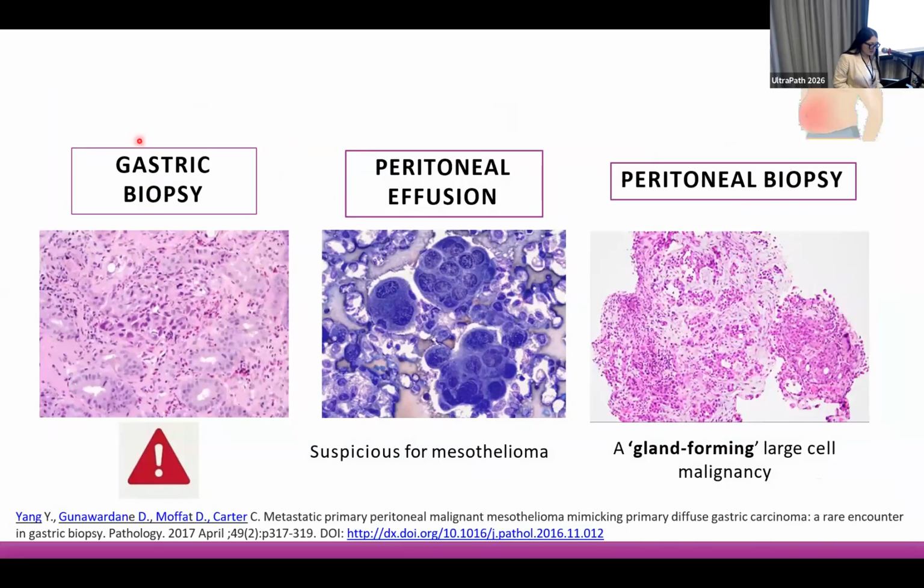Fortunately, the pathology department received these three specimens at the same time. In the gastric biopsy, we can observe a fully differentiated neoplasm with epithelial features between the normal glands, but in the peritoneal effusion, the findings were different, and we can see these cells are very suspicious for mesothelioma.